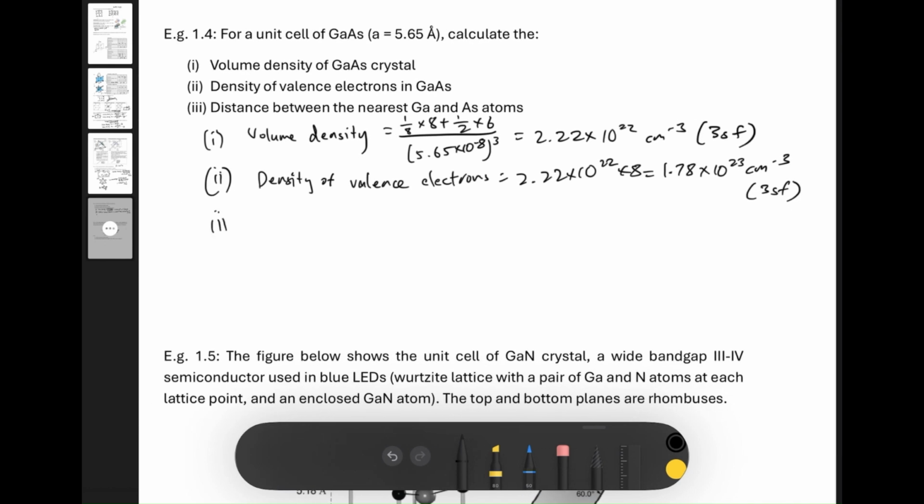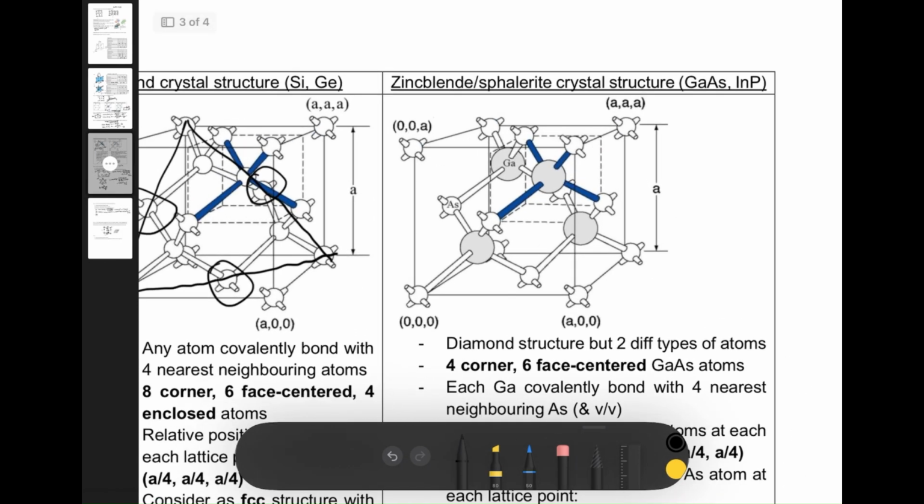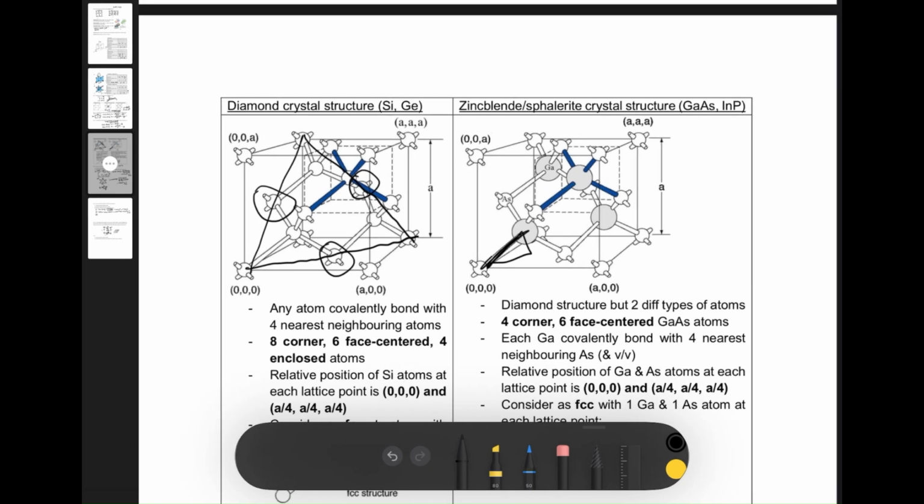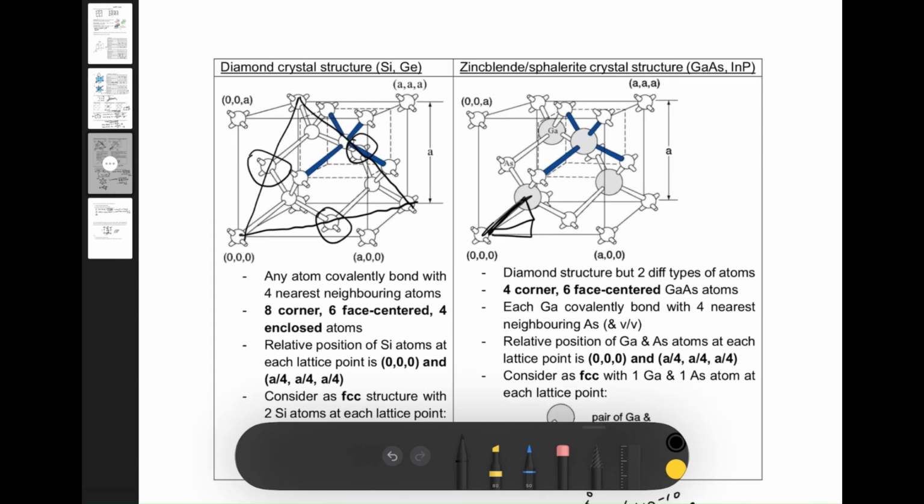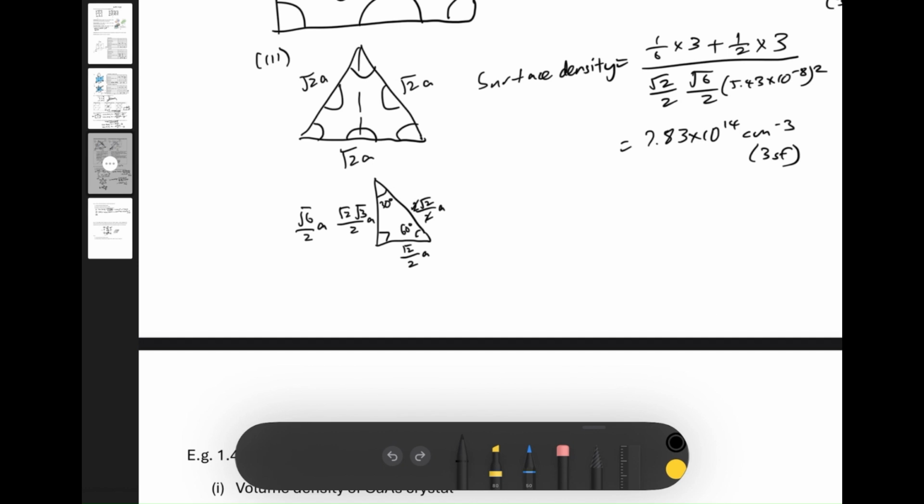The distance between the nearest Ga and As. As we have said, this is the nearest distance. So we will use 3D Pythagoras basically to solve this.